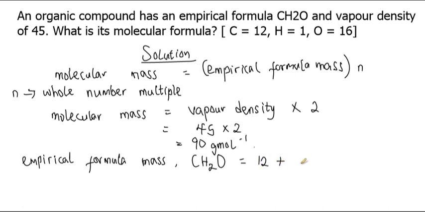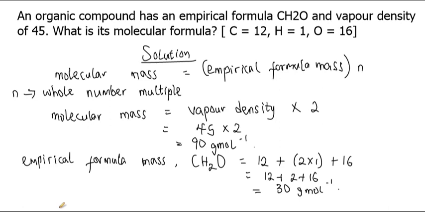Plus for hydrogen, we have 2 atoms present and atomic mass of hydrogen is 1, so that gives 2 times 1. And for oxygen, we have 1 atom present and the atomic mass of oxygen is 16, so we have 16. This gives 12 plus 2 plus 16, which makes a total of 30, so we have 30 grams per mole.